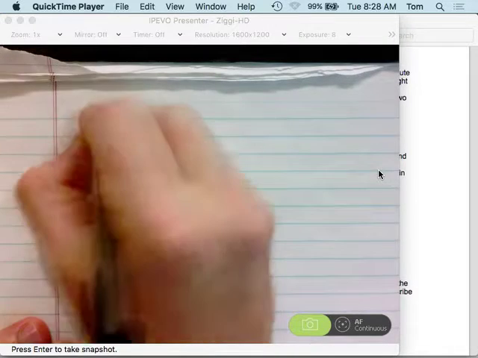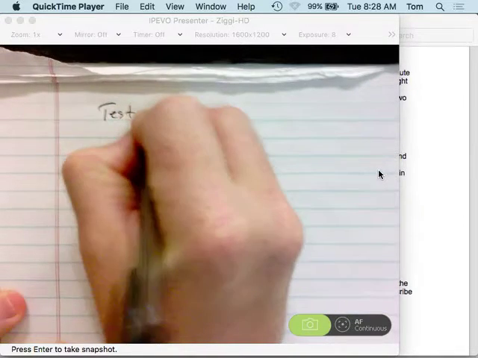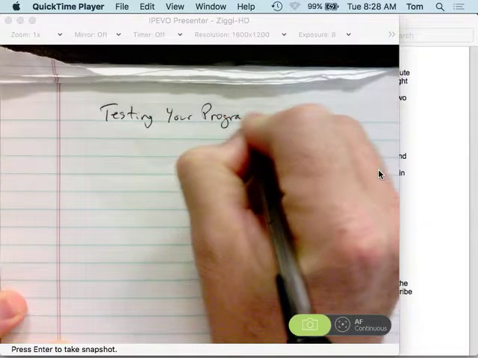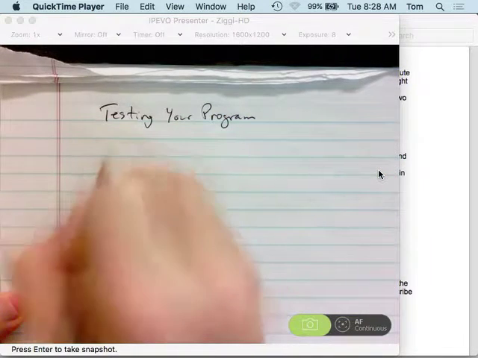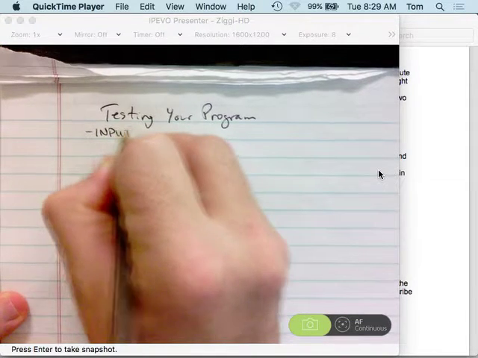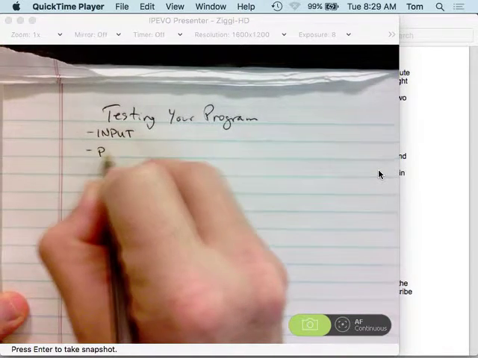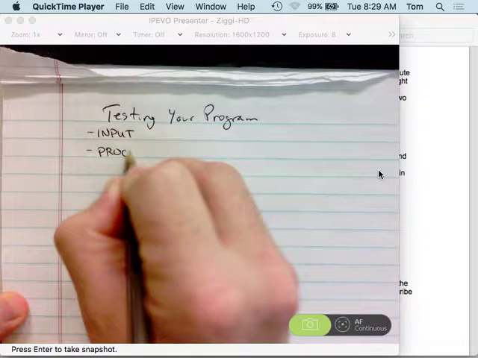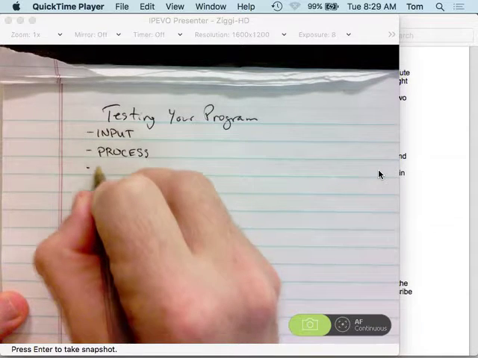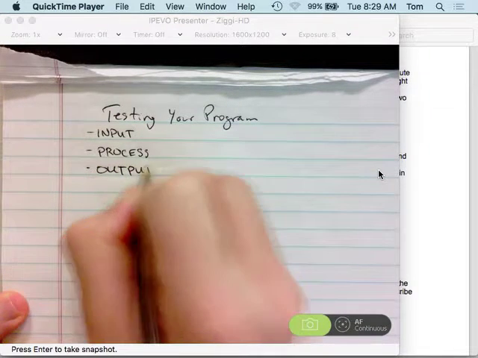So, testing your program. What we talked about yesterday was that each of these programs follows this kind of paradigm where we're inputting some values, we're processing those values, and then we're outputting a new value.